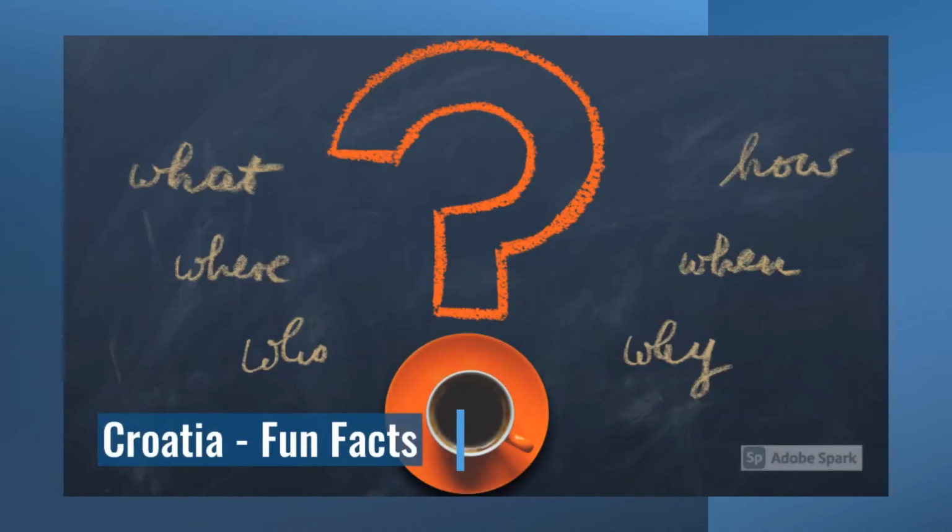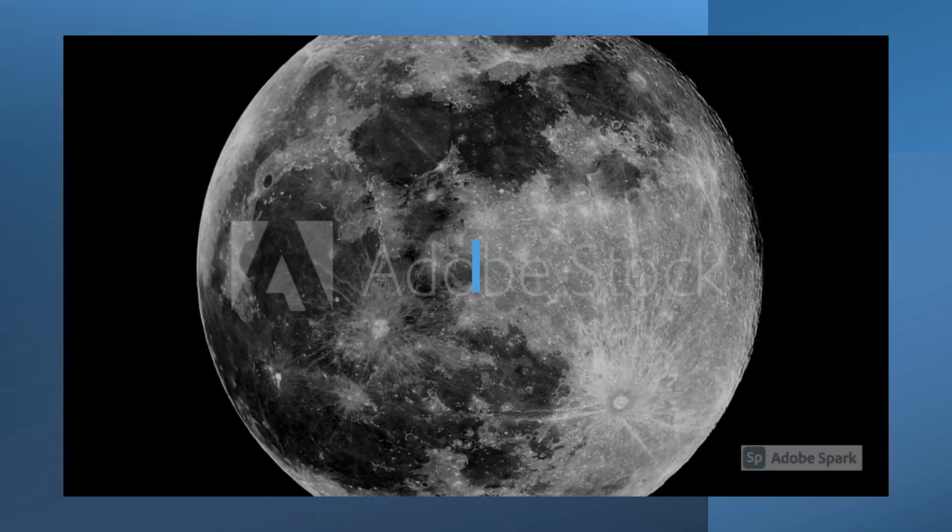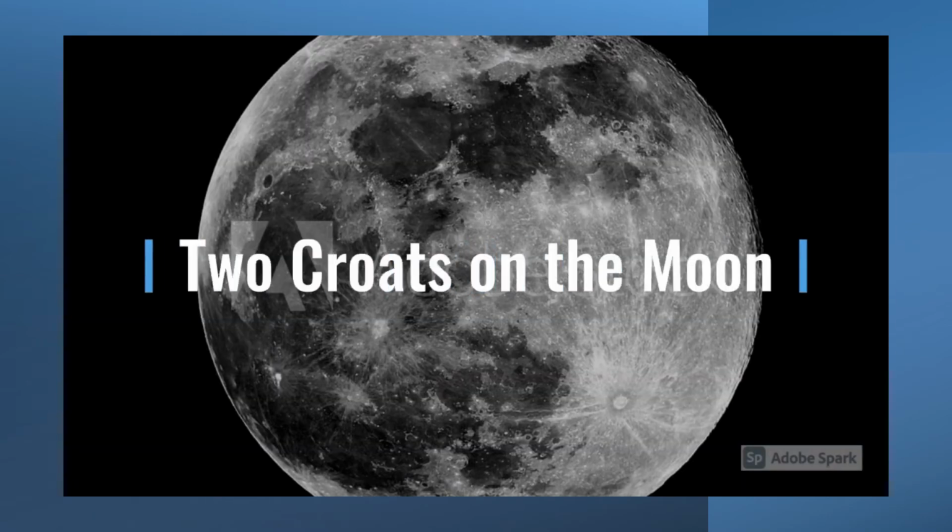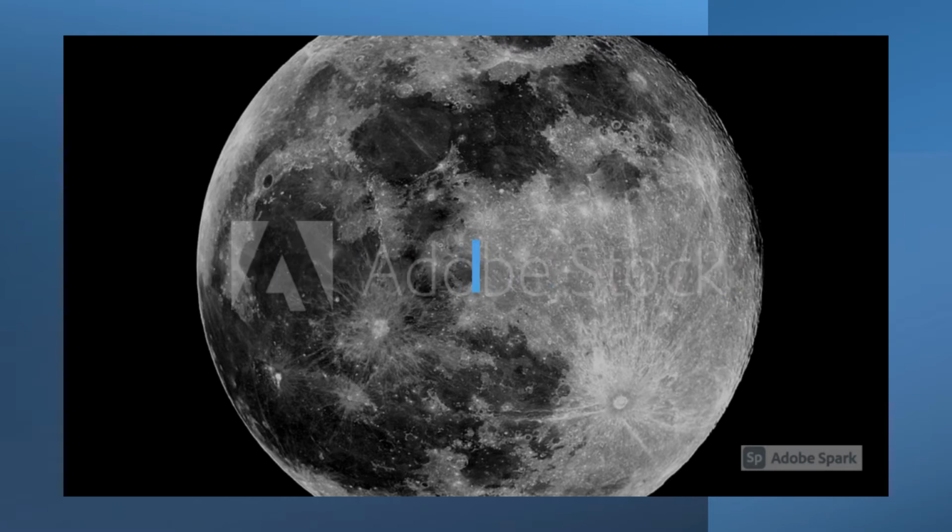Let's find out some fun facts about Croatia. Croatia has 2 men on the moon. Well, not literally. 2 Croats have their names on the map of the moon, which is a great thing for a country this small.